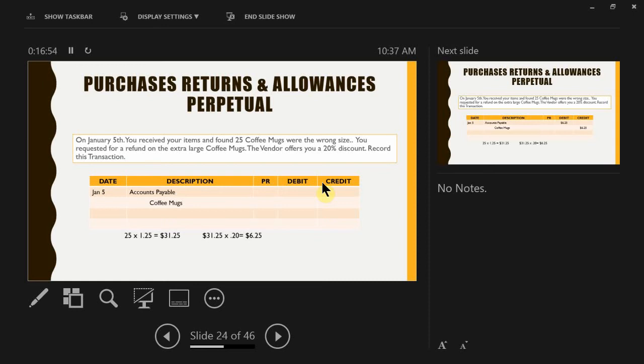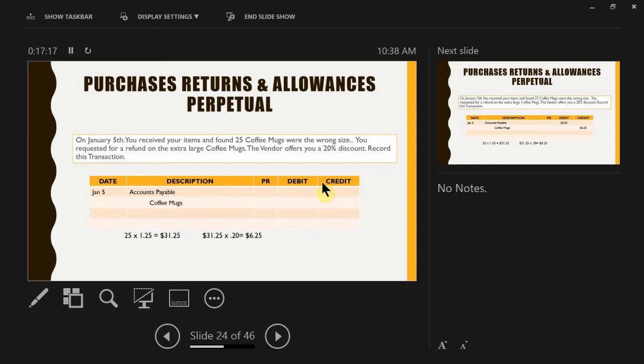So therefore, we need to make a contra account to lower our purchase expense. In this case, it's already located in inventory. We know where it is. So at the end of the day, no matter where we're at in a given time, if we place everything in inventory, the automatic assumption is we're taking it directly out of inventory.